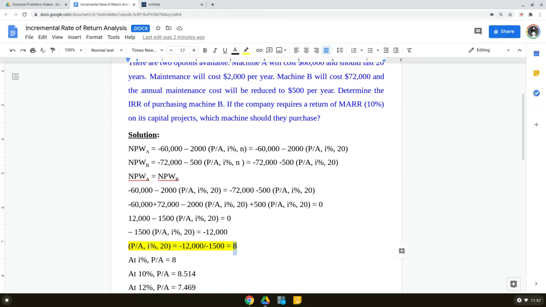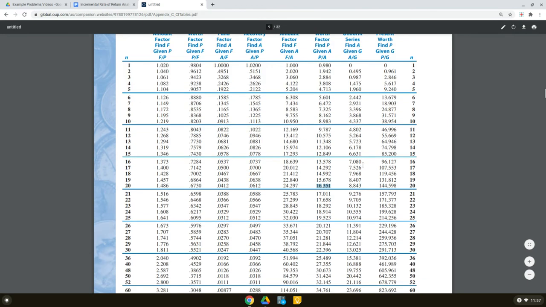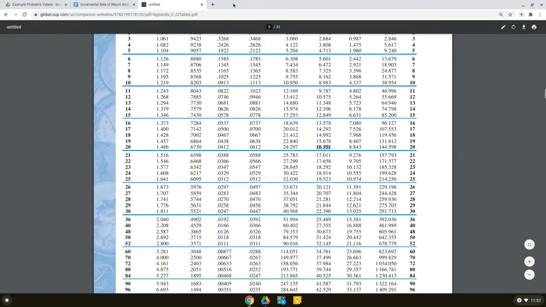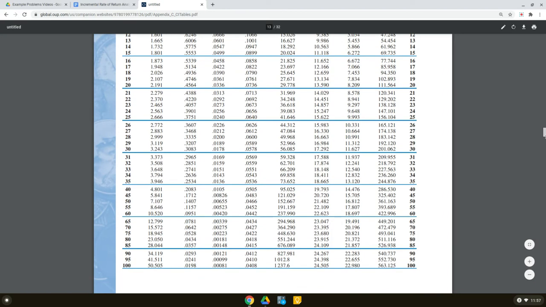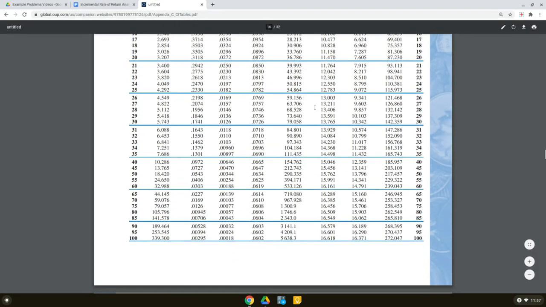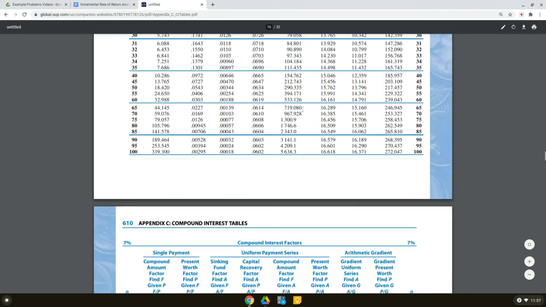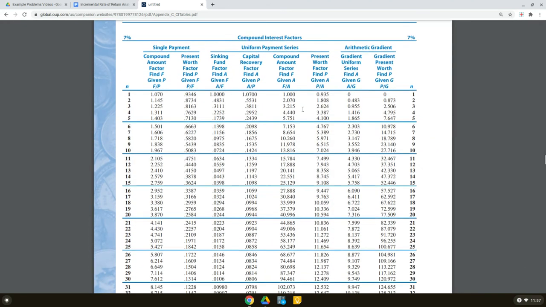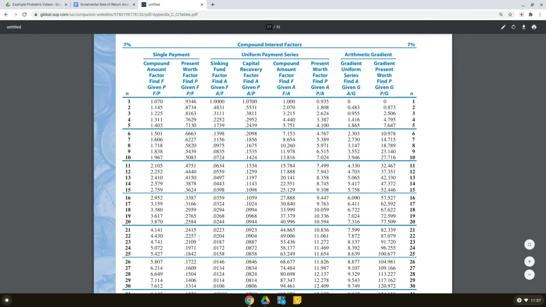So at 2%, we don't have 8, we have 16 point something, right? So it's not 2%. So maybe then I increase the interest rate. Maybe I go from 2% to, how about, I'm just randomly going, right? You can continue to go, study each table and find out what P given A value you are getting. So for example, I will stop at 7%, row number 20, and P given A is 10.594.